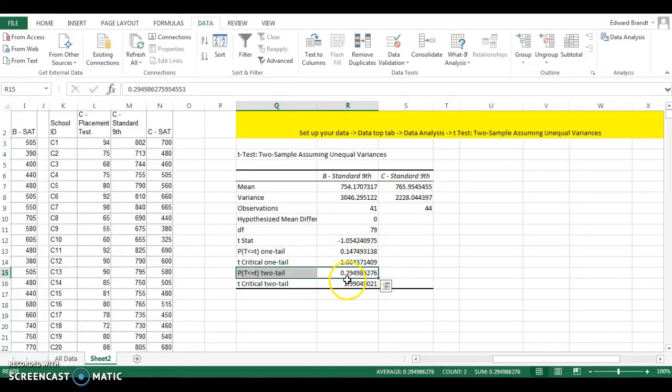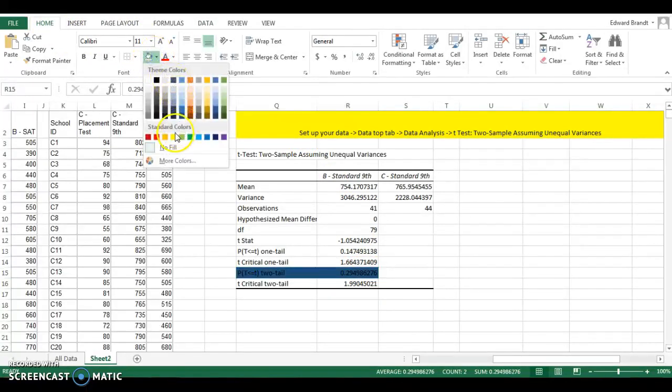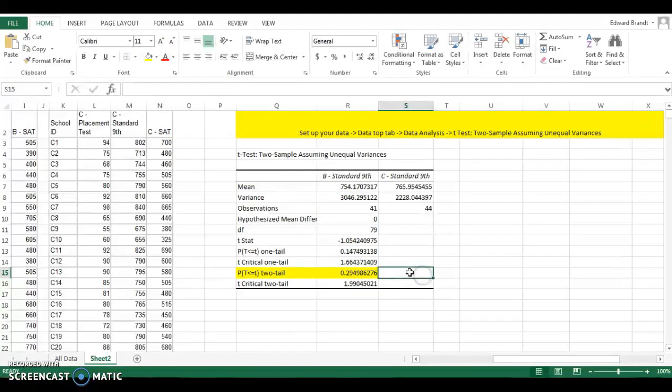And since 0.29 is not less than the value of the alpha of 0.05, then I can say that there is not a statistically significant difference.